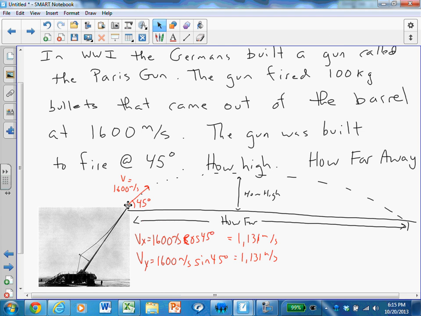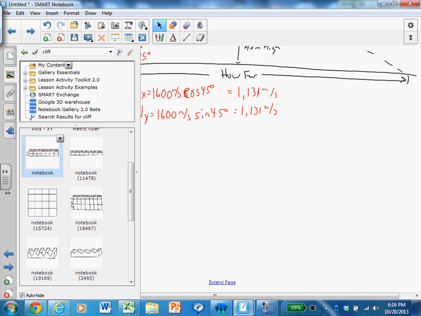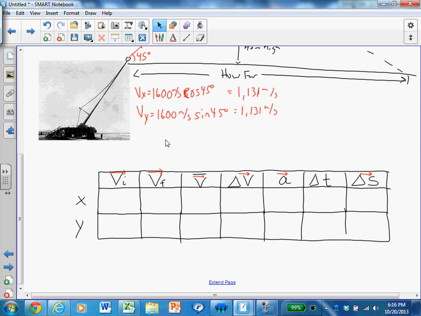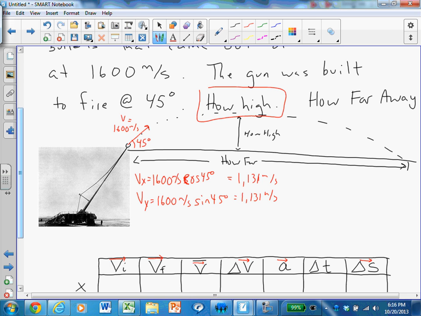So if we set up a chart like we had before with the x and y, since when you ask questions about how high, we're only going to do half of the time that it's in the air to get to its highest point.